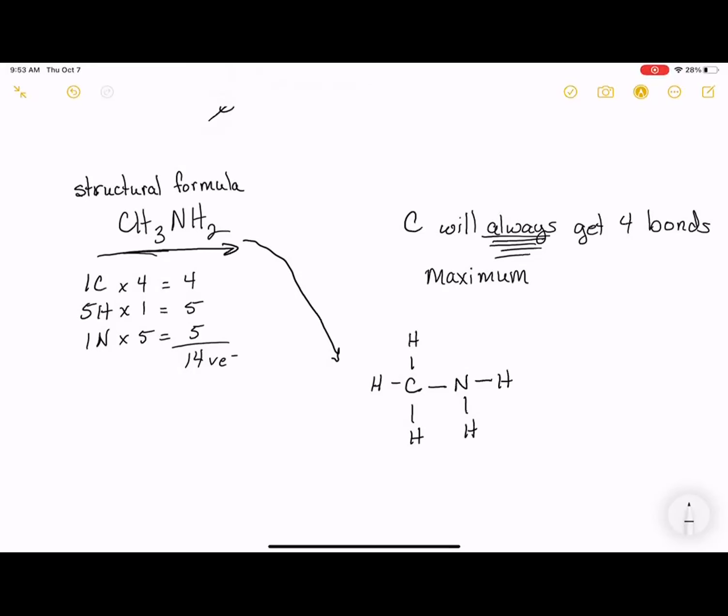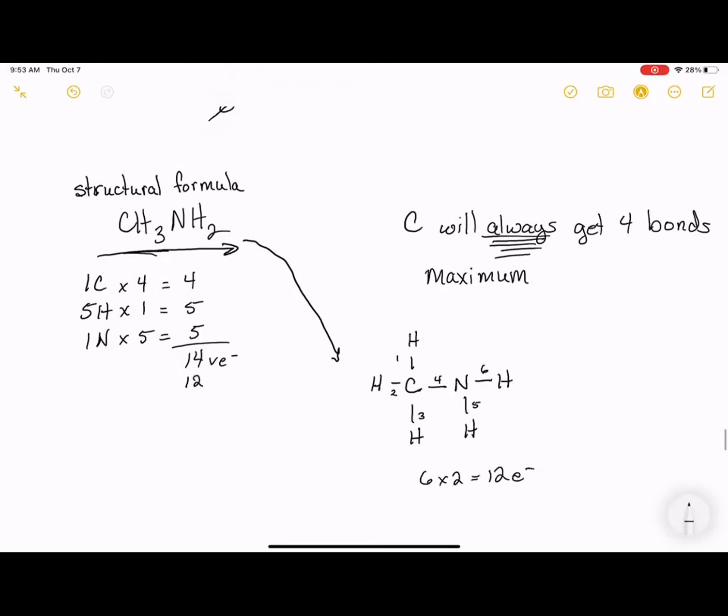And you'll notice as I went from the structural formula to the lines, the bonds, I put a bond in between each atom as I went. So we have 1, 2, 3, 4, 5, 6 bonds. 6 times 2 is 12 electrons.